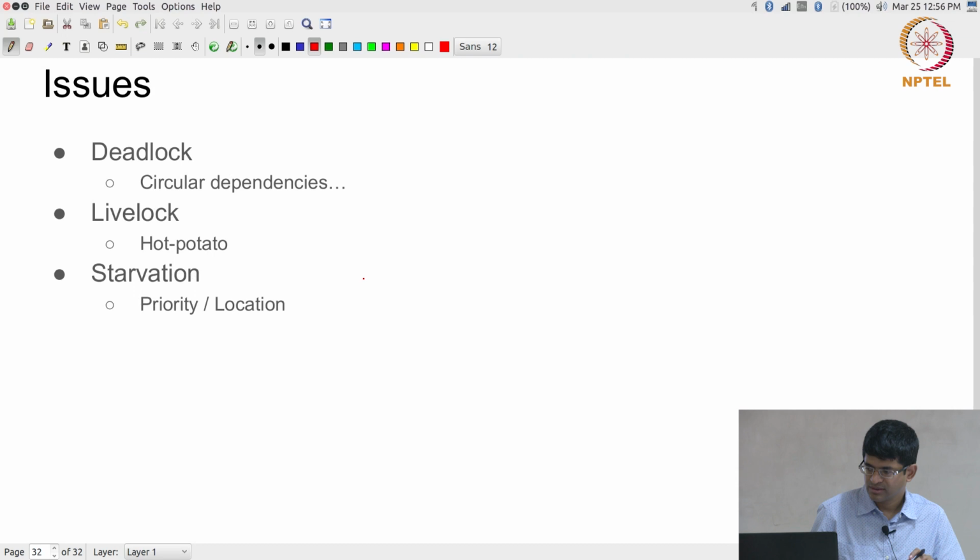So the last thing is some issues that come up in the context of understanding this. One of them is called deadlock. I told you already about deadlock, two things coming together at the same time. Usually that happens in the case of circular dependencies. Let's say that the ideal situation is two units trying to talk to each other. This is trying to send some data, the other one is trying to send some data back. This has already sent part of the data and filled up the buffer over here, so it can't continue sending the data, it is still stuck over here.